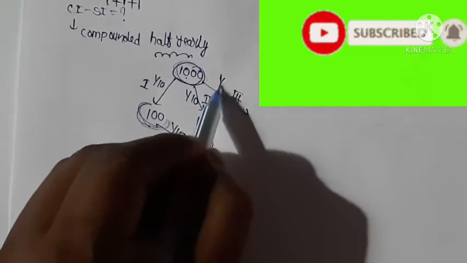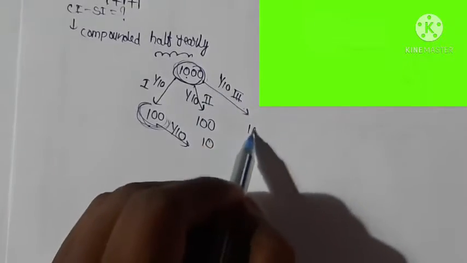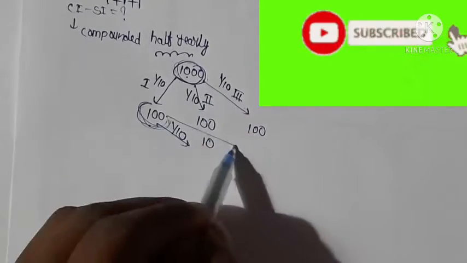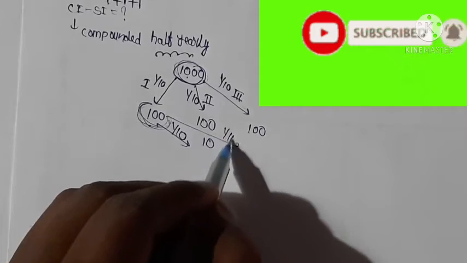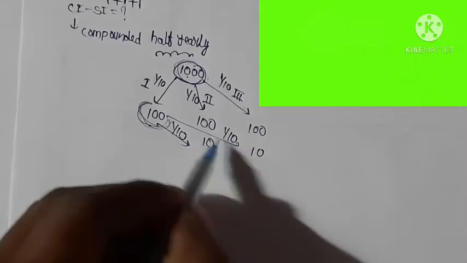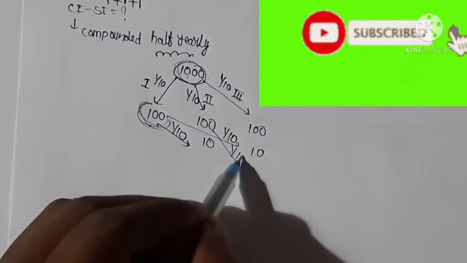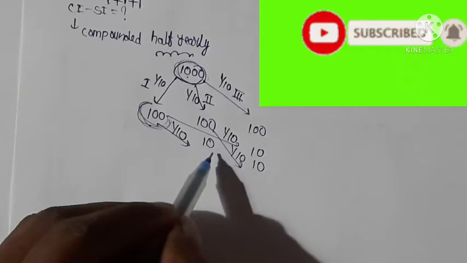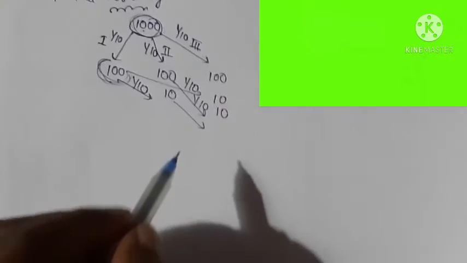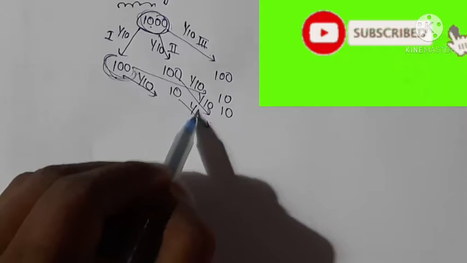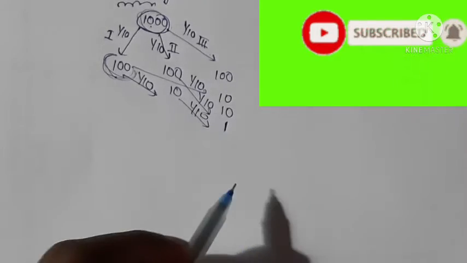So 1 by 10 of the principal gives 100, first year interest 1 by 10 gives 10, second year interest 1 by 10 gives 1.